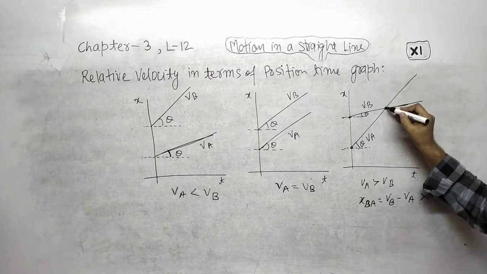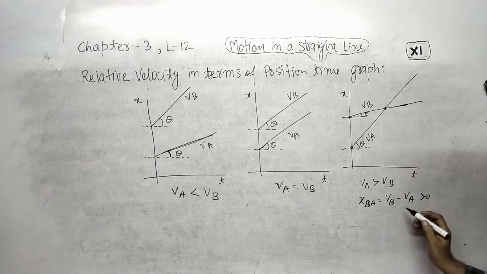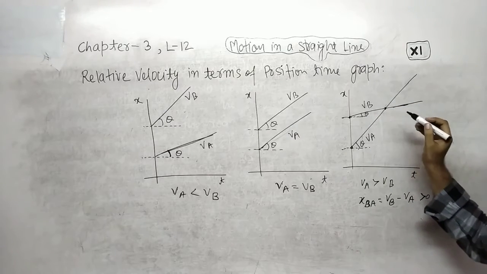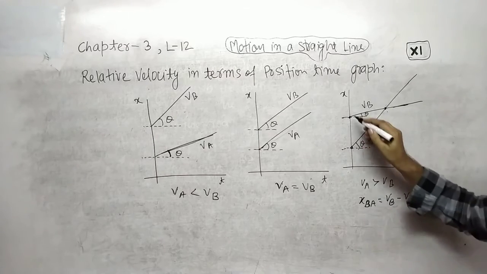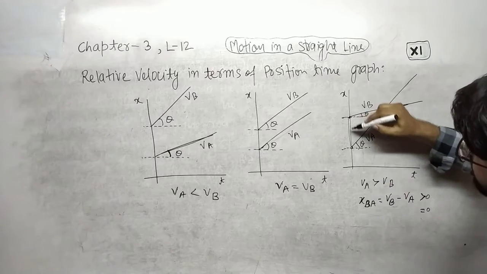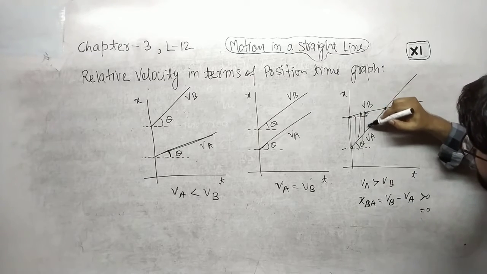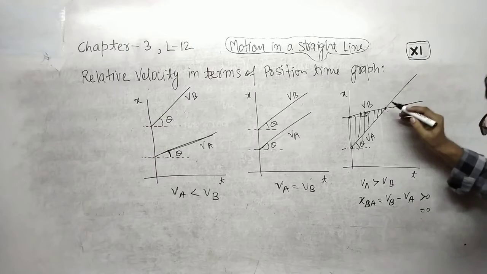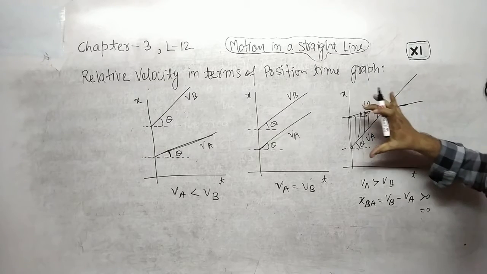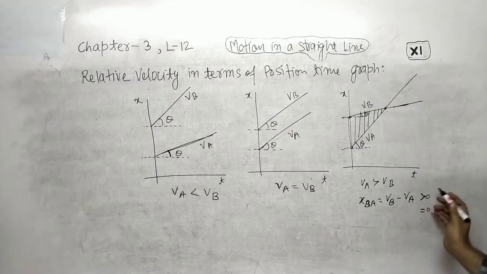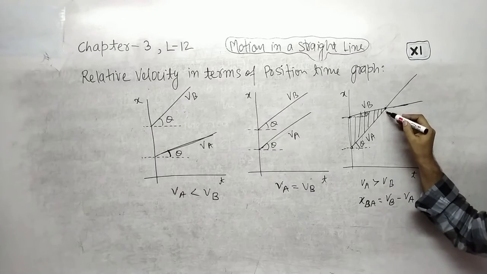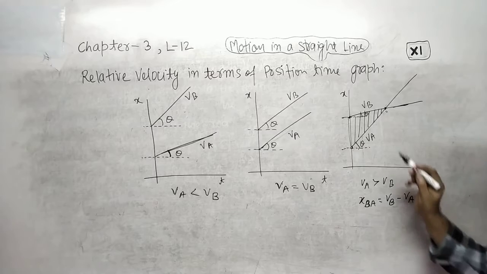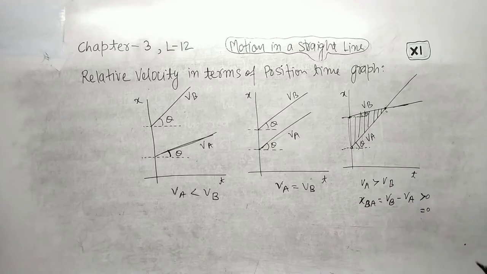Because both positions are the same at the same time at this point, up to that point the relative position of B with respect to A is positive, but at the point of intersection the relative position of B with respect to A is equal to 0.